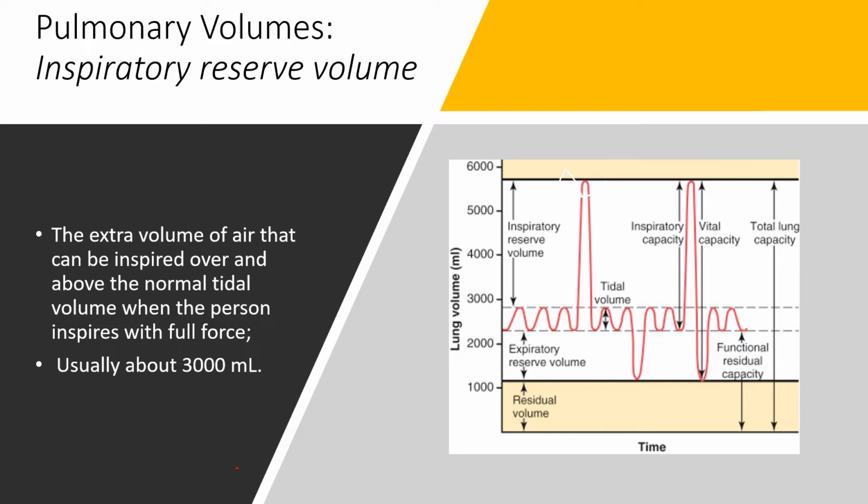To do this, the thorax has to expand maximally using accessory muscles on top of the main muscles of inspiration in order to generate a big drop in pleural pressures. It is a reserve volume because the air is not used during normal breathing.